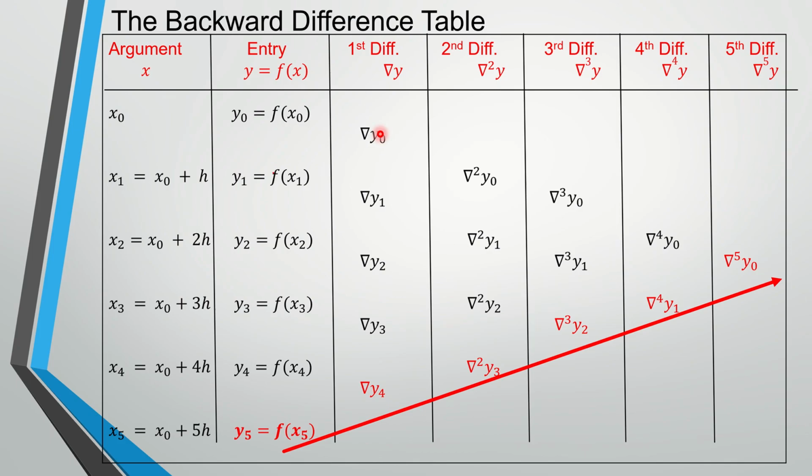Okay, so these symbols are a bit confusing, so if I make the corrections, this is nebla y1, this is nebla y2, this is nebla y3. Okay, this will be nebla y4, and this will be nebla y5. The same thing now, this will be what?